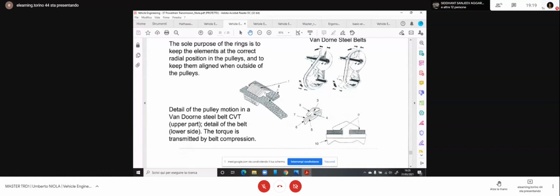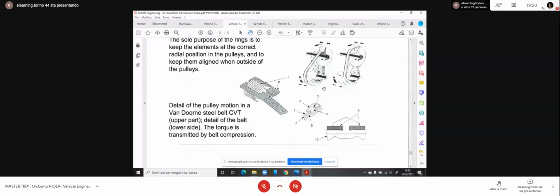Basically, you have the side part working, because the cross section of this belt is a trapezoidal shape. It is not the upper or inner part working, but the side part, the conical part of the pulley, transmitting by friction.